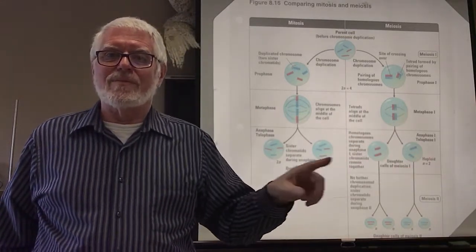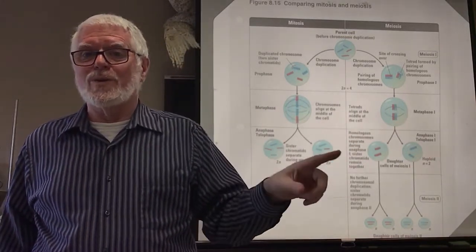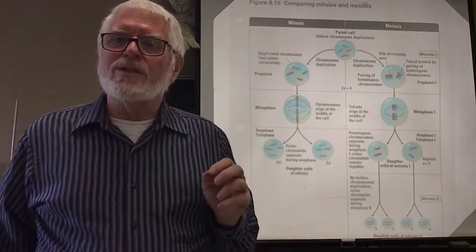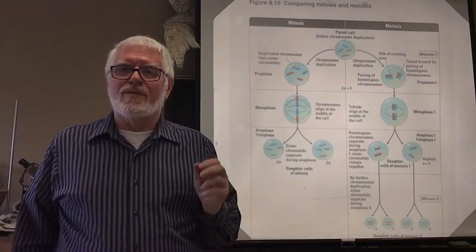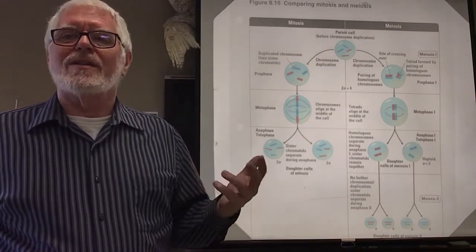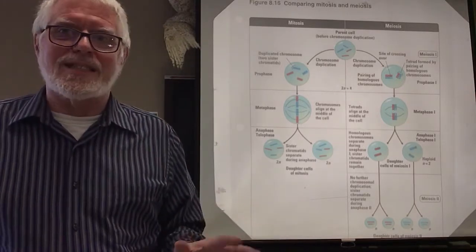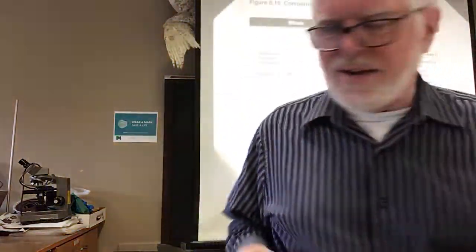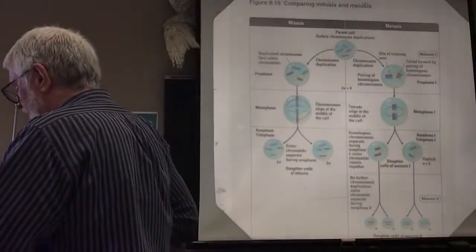Here's the second step, right? Here you've already produced what you need to produce. Here, you're halfway there. So meiosis is a two-step division process. Could be nuclear division, could be cell division, could be different size cells if you're making egg cells. But you're basically going to make four as opposed to two.